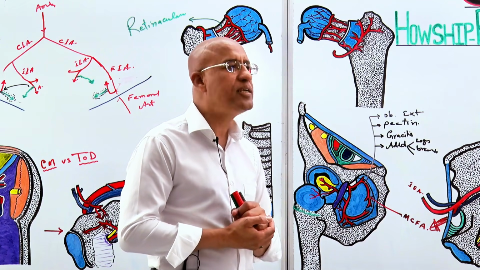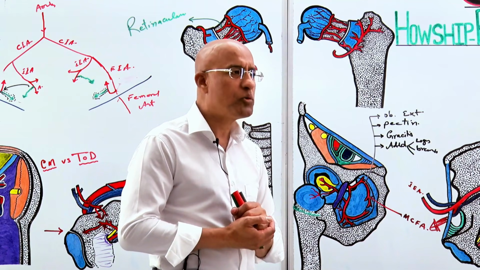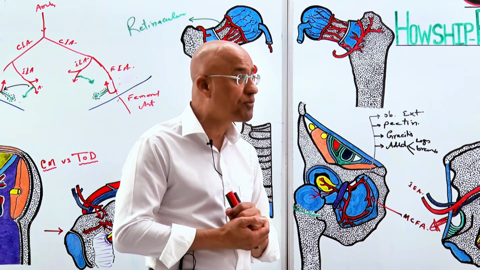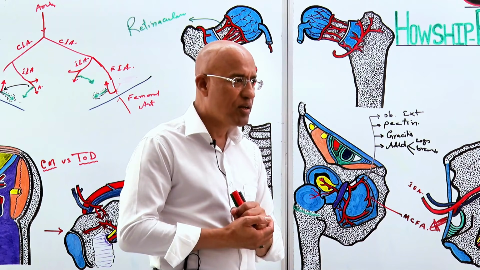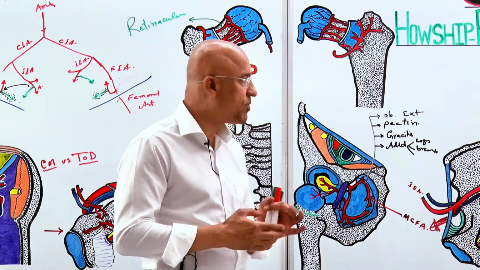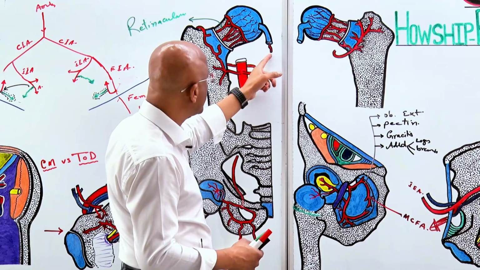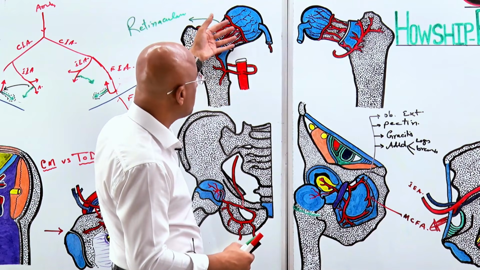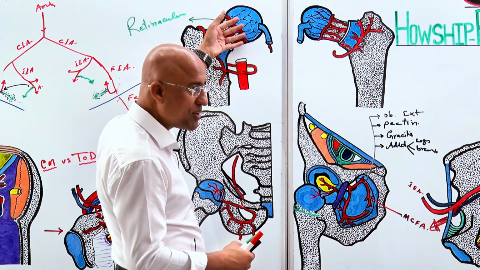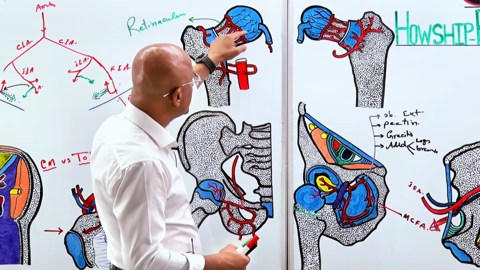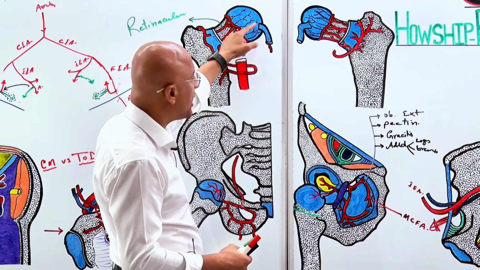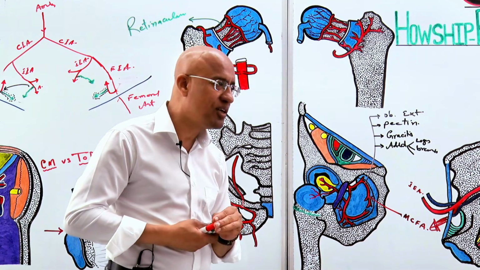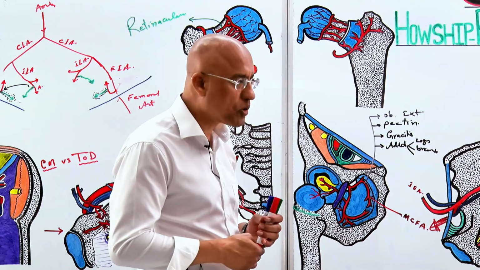Or due to any reason, I will not go into reasons, but due to any reason, this foveal supply or acetabular supply to the head of the femur in children is disrupted before the other supplies are there, then what happens? They develop severe ischemia to the head of the femur, and gradually the head of the femur undergoes necrosis. We call it avascular necrosis.